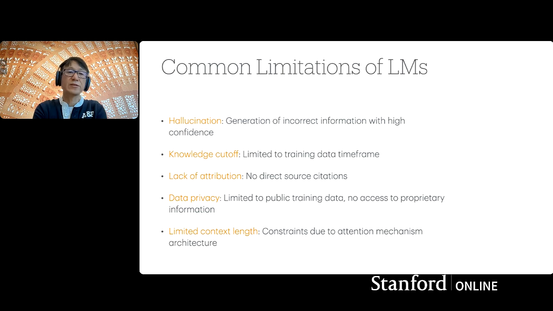The model creator prepares the data set using publicly available data sources. That means the model has not seen your proprietary data set from your organization or particular domain. And there is limited context length, although it's rapidly increasing.